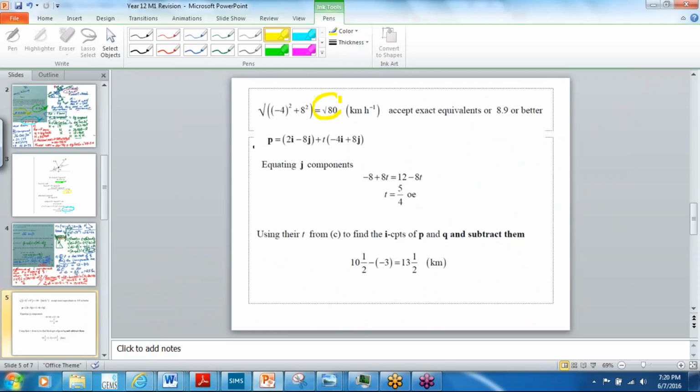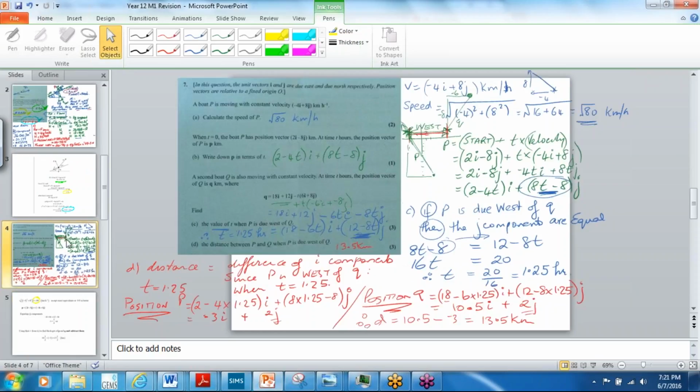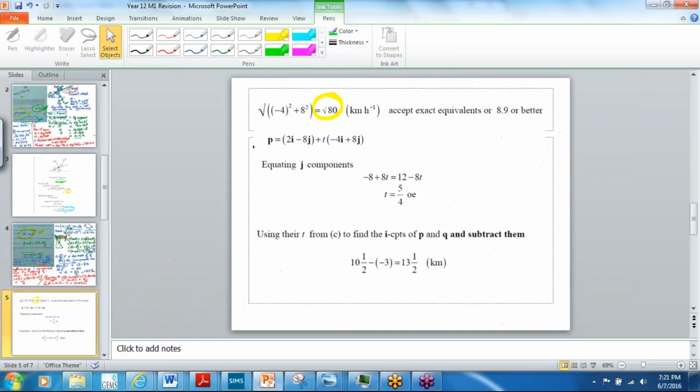They've said that the speed is root 80 or 8.9. Okay, good. So our first speed we've said is root 80, so we're correct there. Now for P, they have not expanded. So we've said 2 minus 4t i plus 8t minus 8 j.